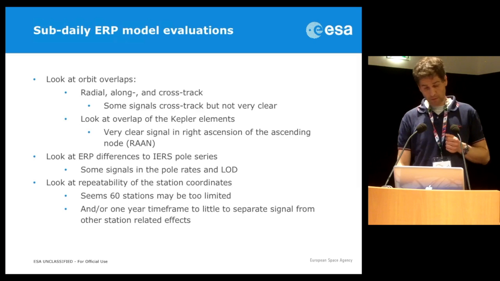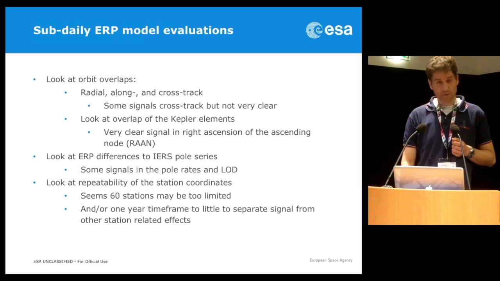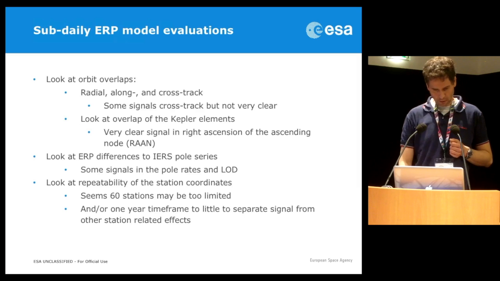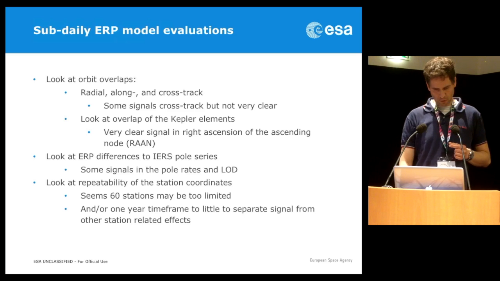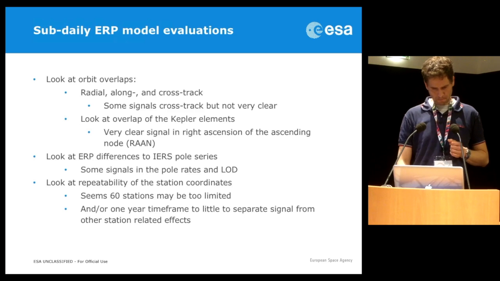And there, all of a sudden, a very clear signal in the right ascension of the ascending node showed up. We will see that on the next slides. He also looked into the ERP differences with respect to the IERS pole, saw some signals in the pole rates and also in the LOD estimates. He saw apparently nothing in the station coordinates, which might be due to the fact that he did not process enough stations.